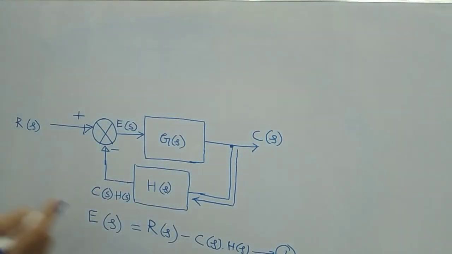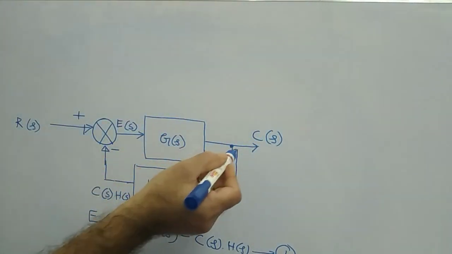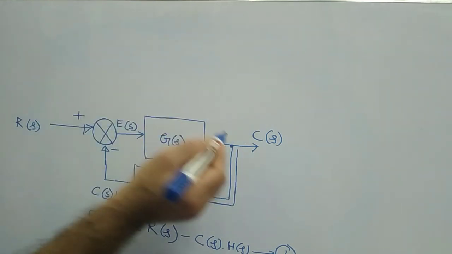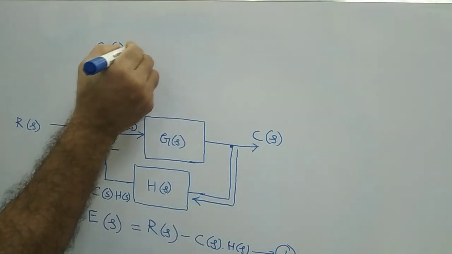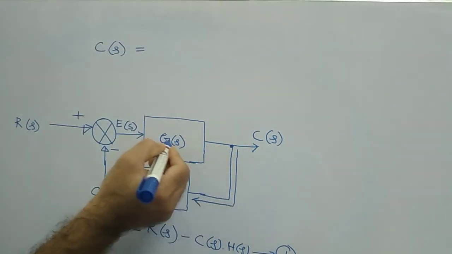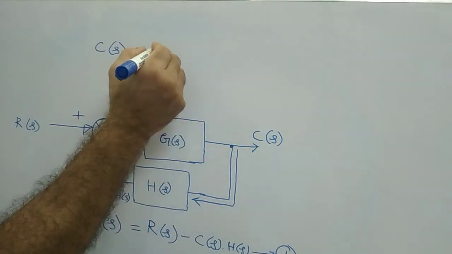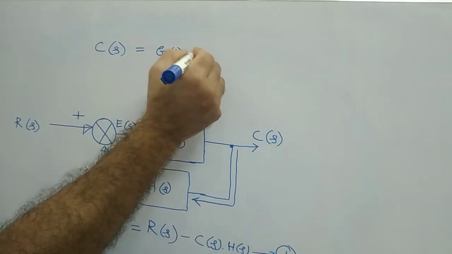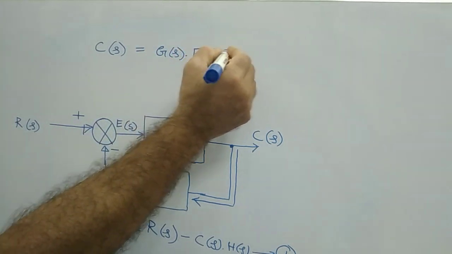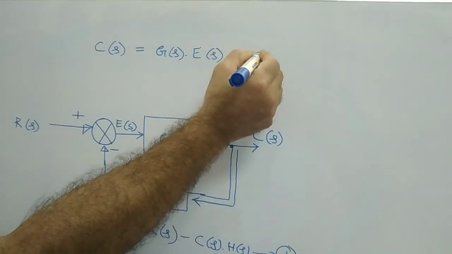So this is the first expression, the E of S expression, and this is the second expression, for C of S.